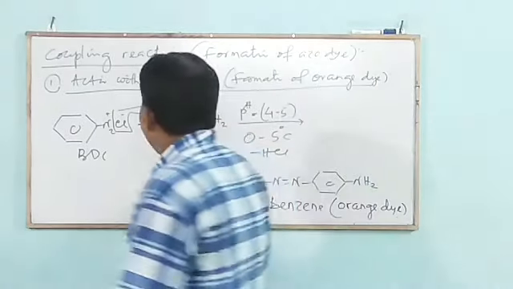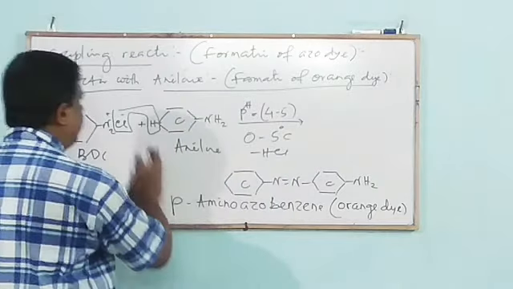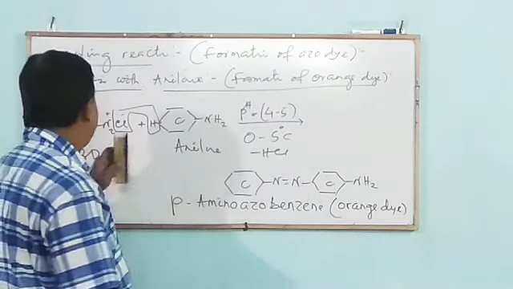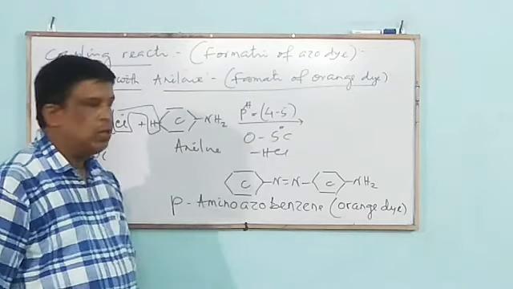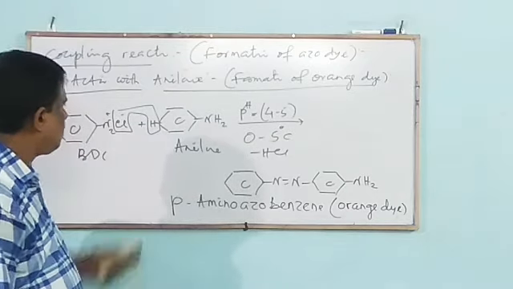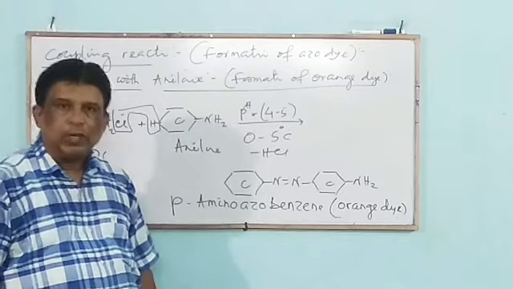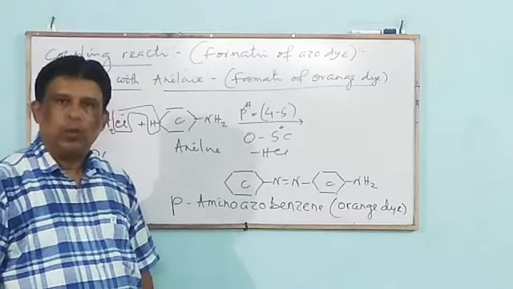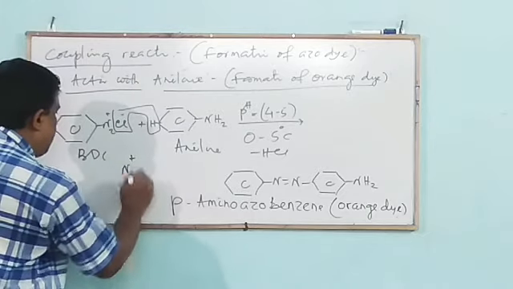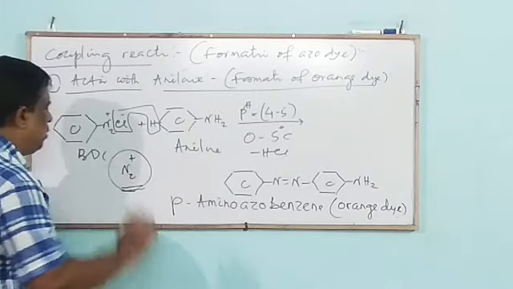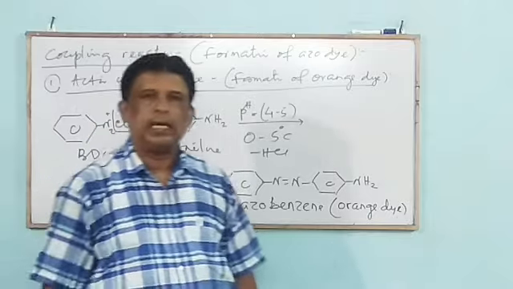I repeat again. This reaction is also an important reaction for the distinction between aromatic amine, that is aniline, and other amines. This type of reaction is an example of electrophilic substitution reaction, where the electrophile is the diazonium ion, that means N2 plus, with the positive charge on nitrogen, behaves as an electrophile.